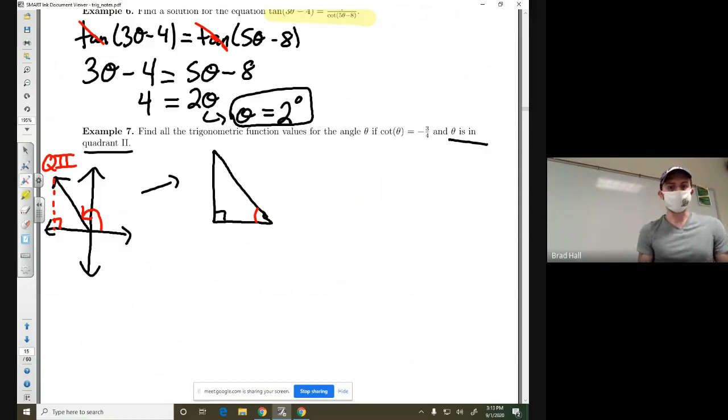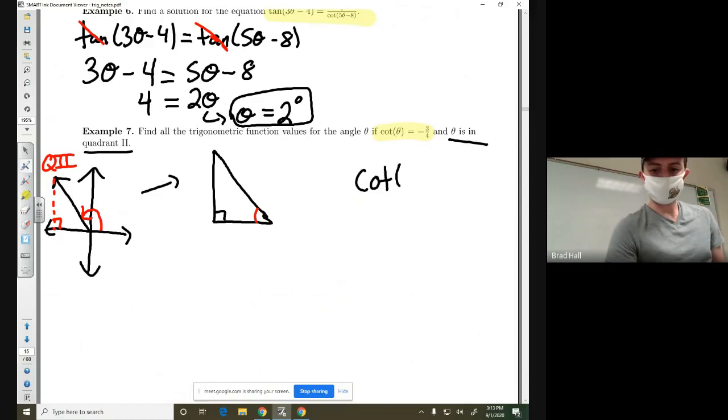So all we know now is that cotangent is equal to -3/4.